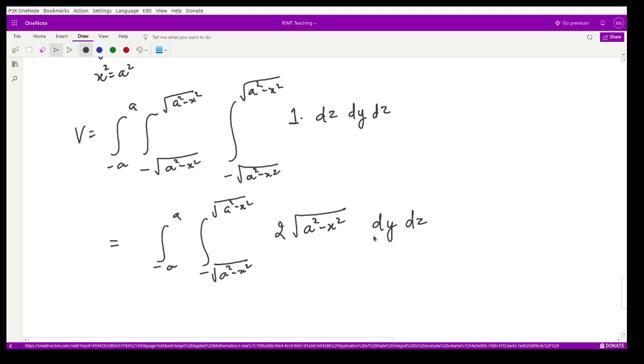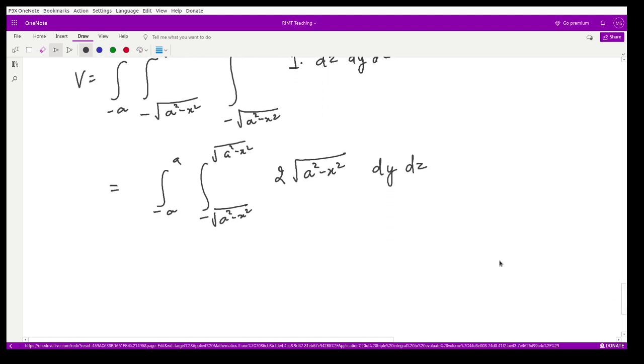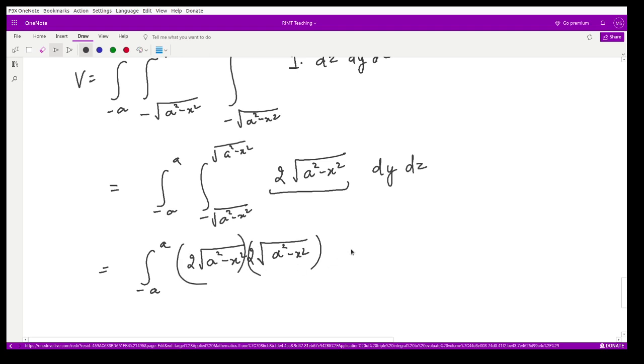And when you again take the integration with respect to y, because this is constant with respect to y, this is equal to integration from minus a to a of 2 square root of a square minus x square, and then the integration is y, and when you substitute these limits again, this quantity would be equal to 2 times square root of a square minus x square. So this is what you have.